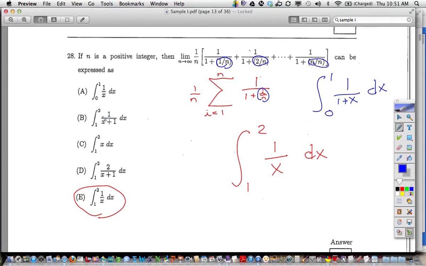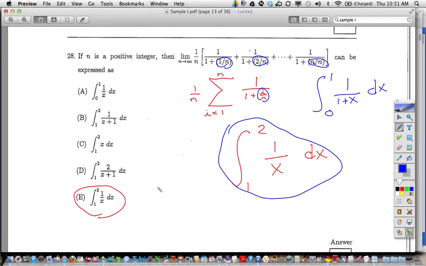Because they did have a 1 over 1 plus x there, but they only went from 1 to 2. I could see them doing that, though, thinking that most people would do it this way. I could see them putting in the right answer being this one, where they would have just left 1 over x from 0 to 1 like they did and not had this option.